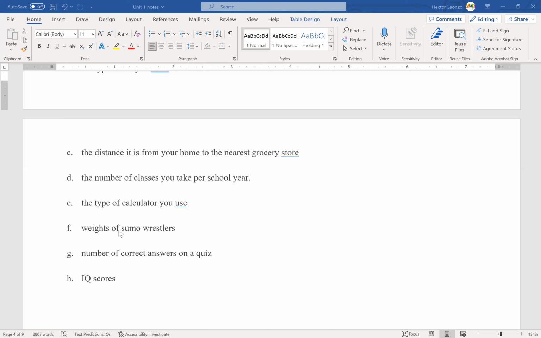Now, if you get on the scale, you measure weight, in this case, a sumo wrestler, my weight, what is it, 300 pounds, 400 pounds? Can I get an answer as a decimal? Can a person weigh 300.2 pounds? 300.7 pounds? Can I get it as a decimal? Yes. So in that case, it's quantitative continuous.